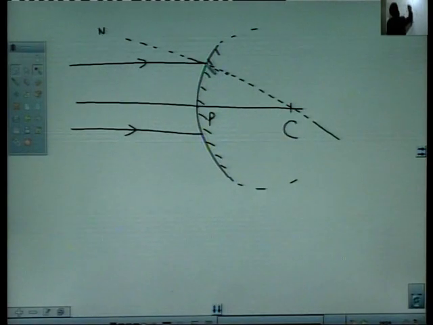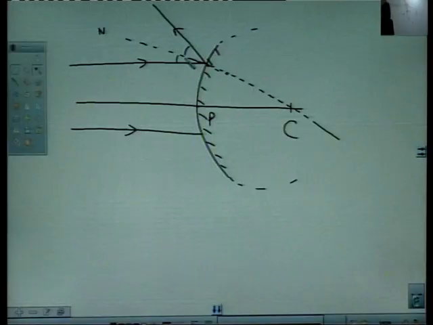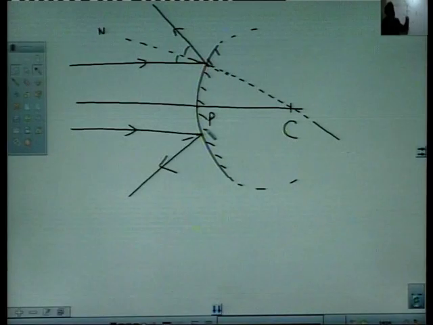So, this will be following the law of reflection. This angle and this angle will be the same. So, again this will also be a normal passing through that C. Now, these rays appear to meet at a certain point which is called F.